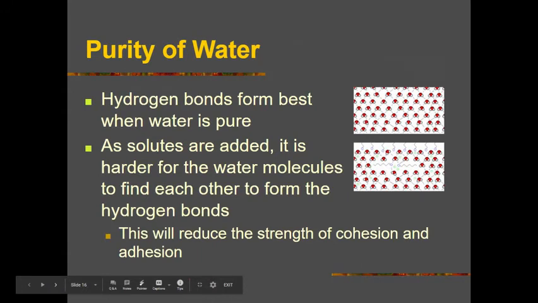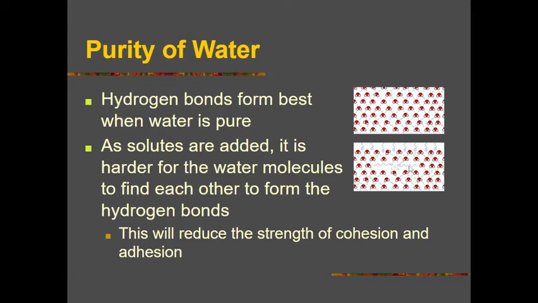Now, water purity will influence how well water can form these hydrogen bonds. The more pure the water, the more hydrogen bonds are able to form. As soon as we add impurities to the water, it's not going to be able to form hydrogen bonds as well. And that's because if water is pure, there's only space for those hydrogen bonds to form.